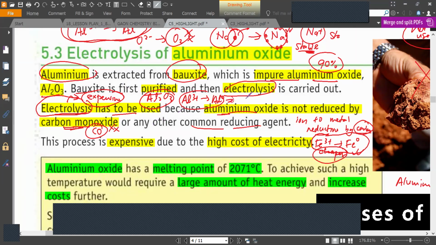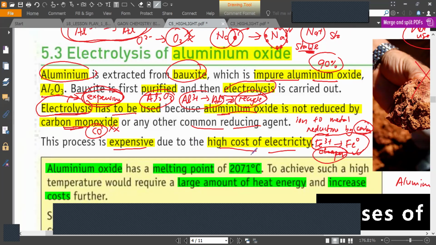That's why we always recycle aluminium, like the aluminium cans that we use, because aluminium is expensive to produce. It's expensive due to the high cost of electricity. We need to provide so much energy for this reaction to happen.